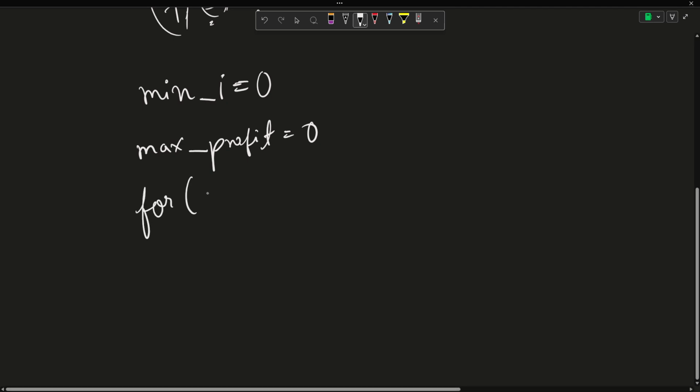So we can have a for loop in which we can have an integer I which will go from 0 to n minus 1.